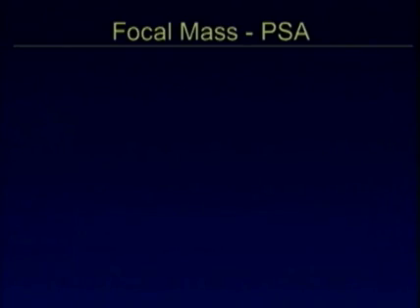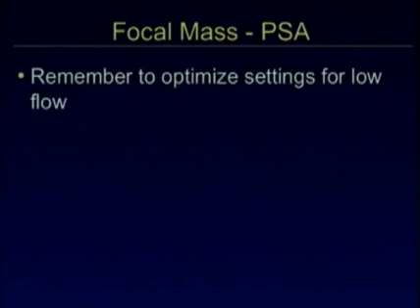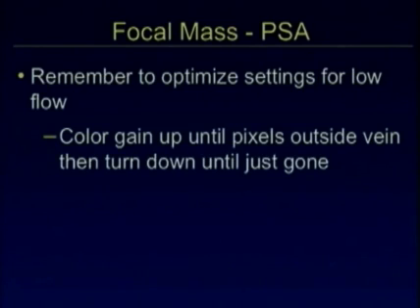So again, in focal mass evaluation, now we're going to start talking about the individual entities in more detail that can cause a focal mass. For a pseudoaneurysm, remember to optimize your settings for low flow. Of course, if it's a big rip-roaring pseudoaneurysm, then you can turn up your settings as needed. But first of all, optimize your grayscale, and maybe bump up the grayscale gain just a little bit to make sure that there's not some low-level echoes or some hypoechoic thrombus that you're missing.